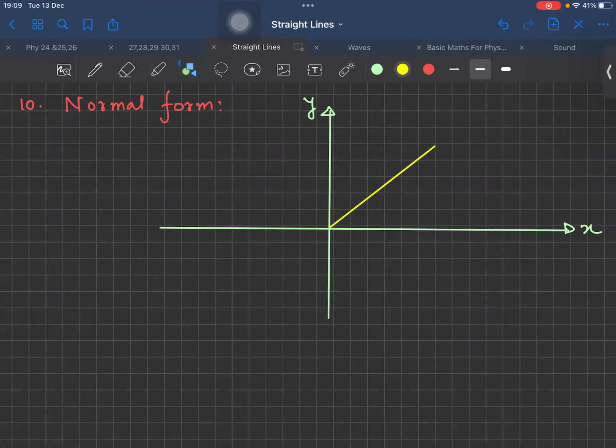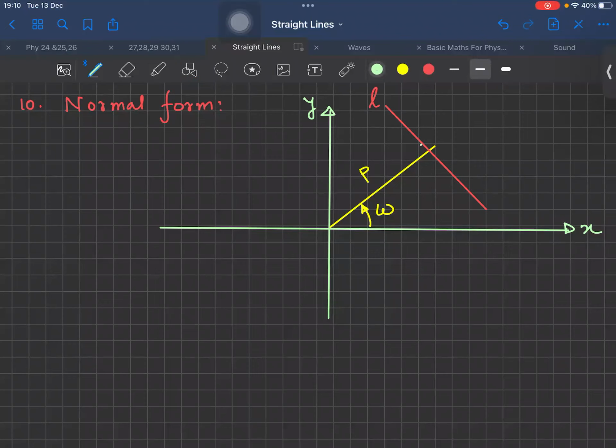Let's say this is a perpendicular from the origin, and the length of the perpendicular is given as P, and the slope of the perpendicular is given as omega. These two are given. That means there will be a line perpendicular to this, and we need to find the equation of this line L.